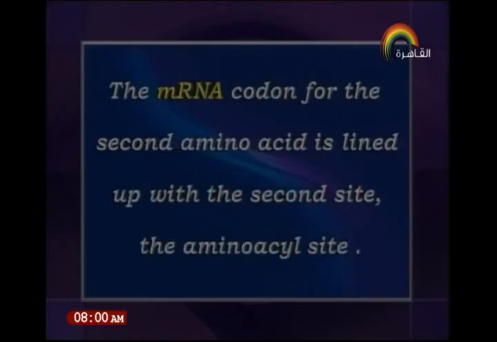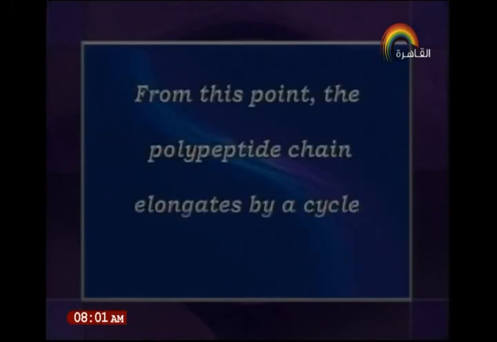The messenger RNA codon for the second amino acid is lined up with the second site, called the aminoacyl site. From this point, the polypeptide chain elongates by a cycle of 3 steps.